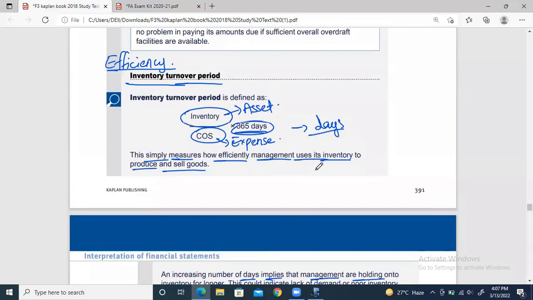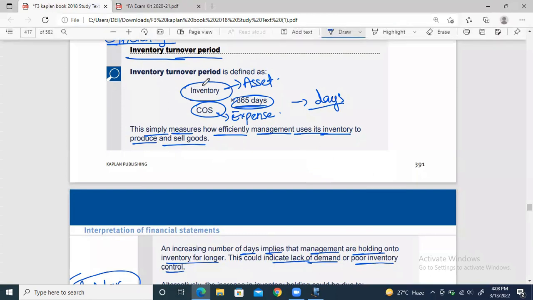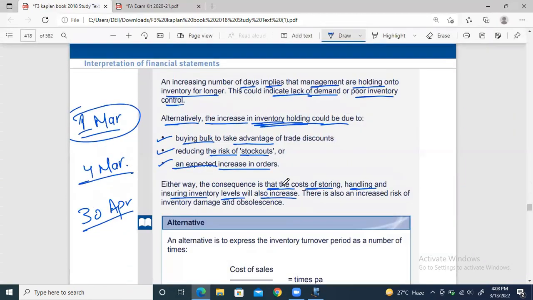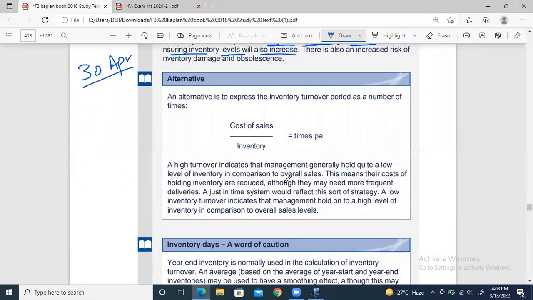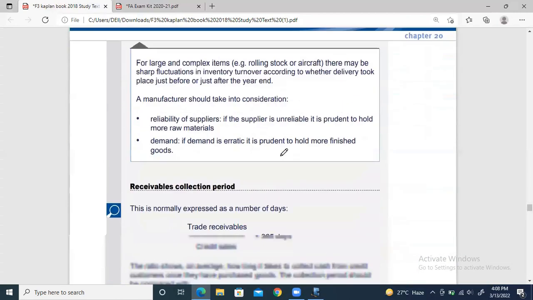Okay, so the explanation is just for understanding, but in practical terms, in the exam we just have to use this formula: inventory divided by cost of sales, multiplied by 365.